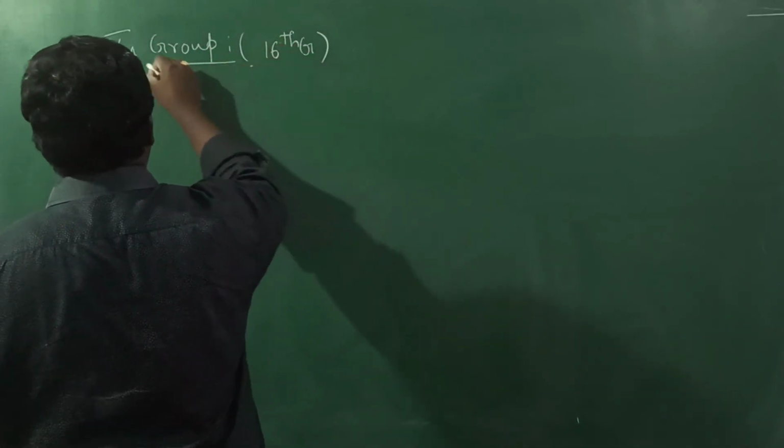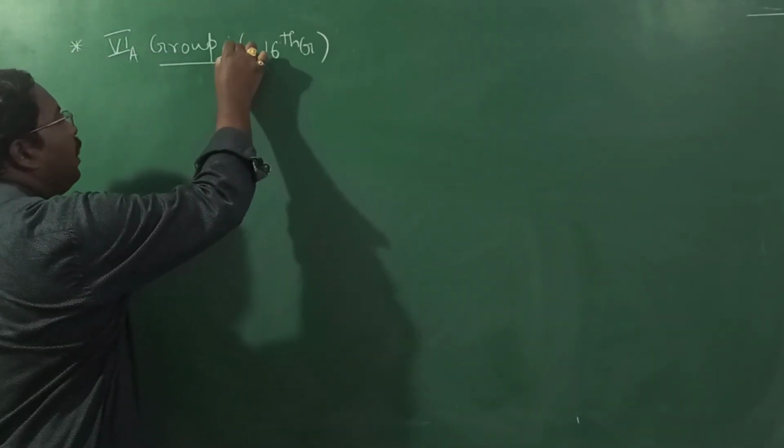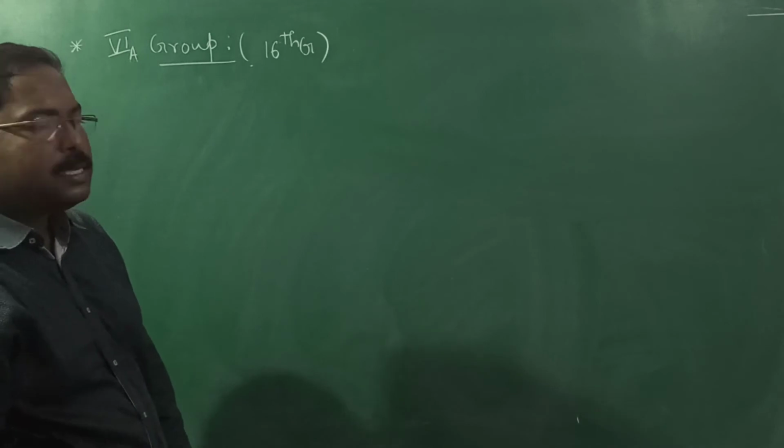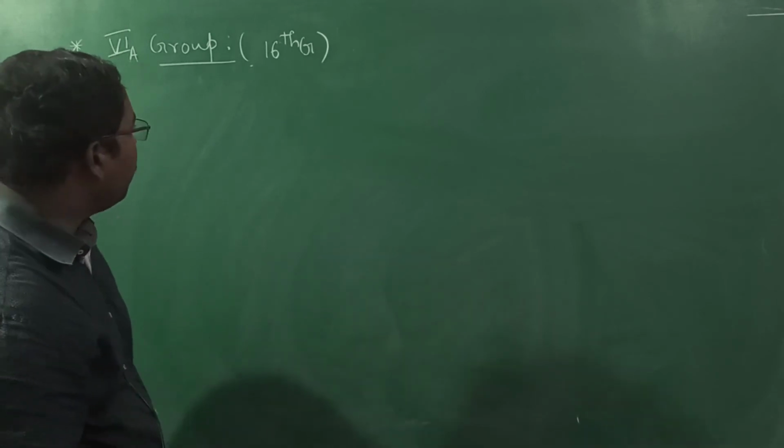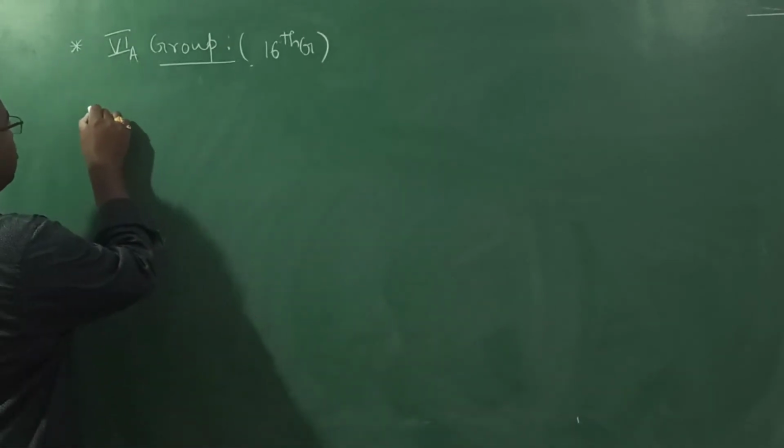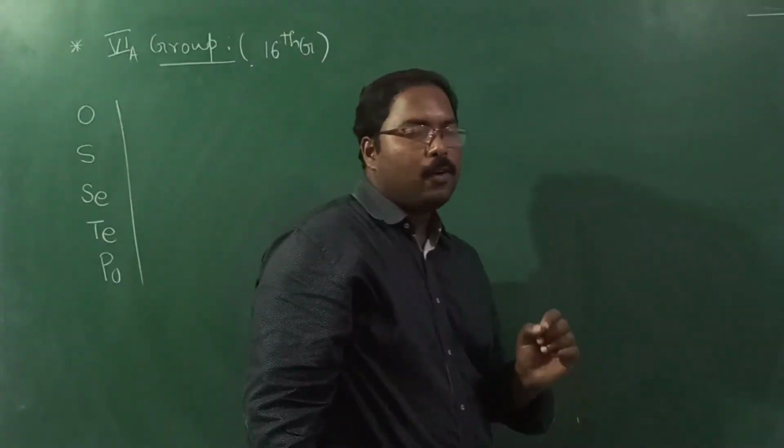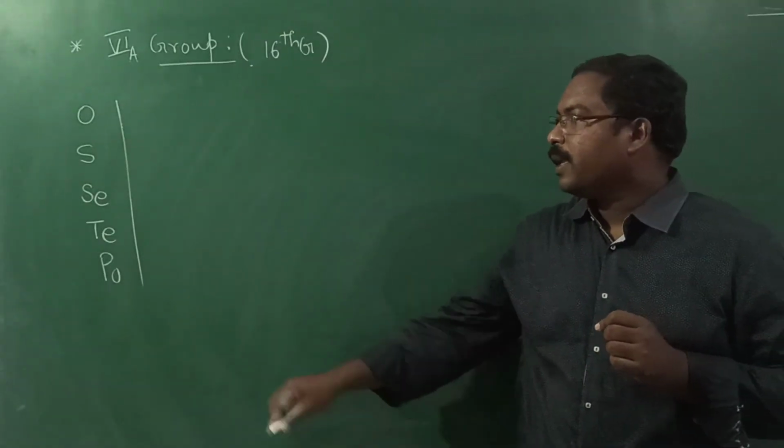Now coming to the next group, that is sixth A group. According to normal numbering, it is the 16th group. Now coming to the elements of the 16th group: oxygen, sulfur, selenium, tellurium, and the last one is polonium. Okay, note down the names carefully.